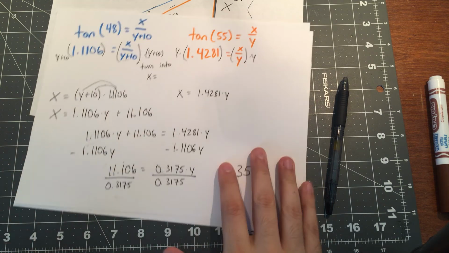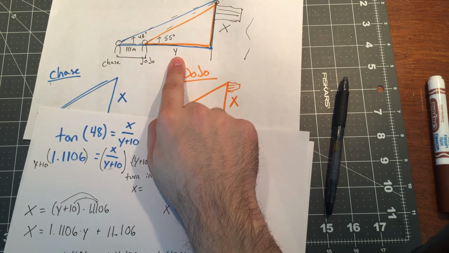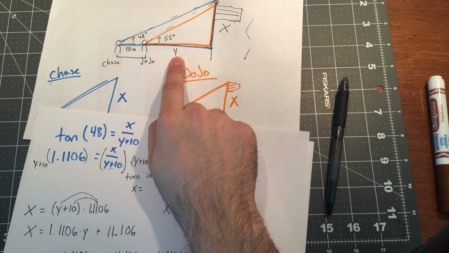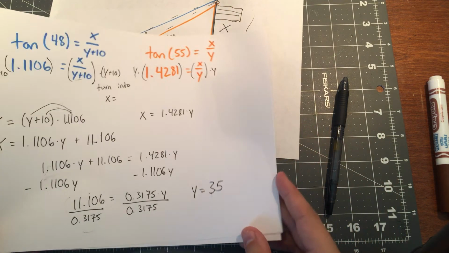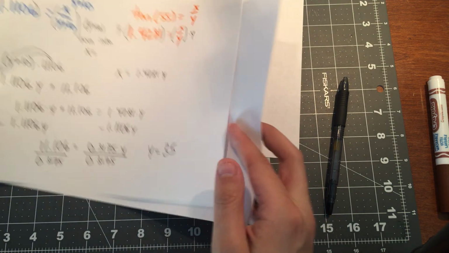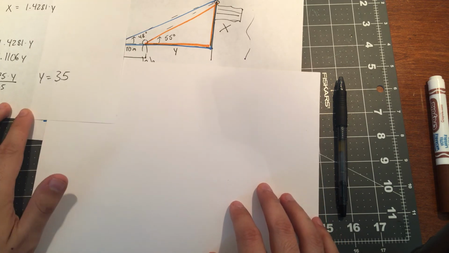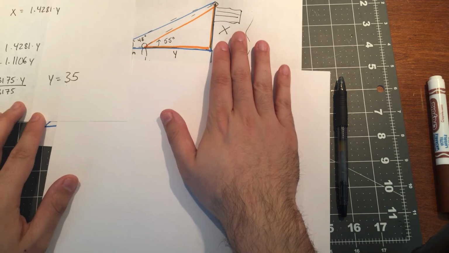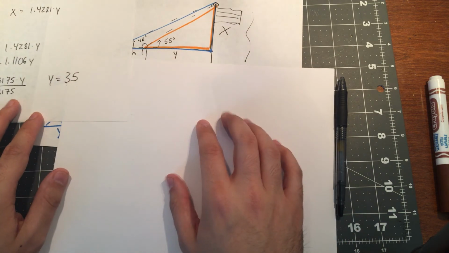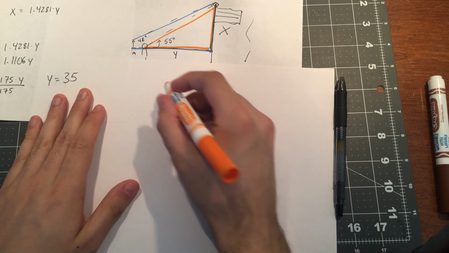And what I actually just found was how far JoJo is from the flagpole. All I'm going to do to answer the final question is use that y and do my original trigonometric problem. So let me see if I can show everything at once. Great. I'm going to refer back to my orange triangle.